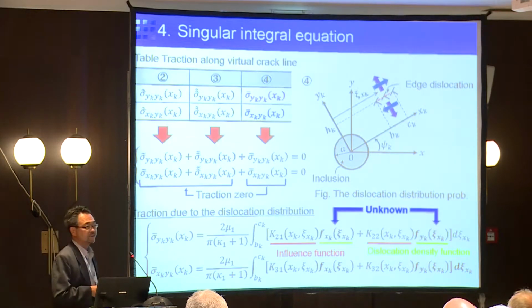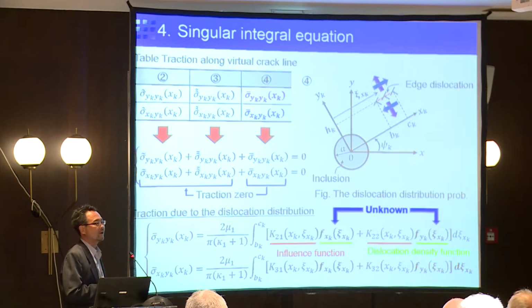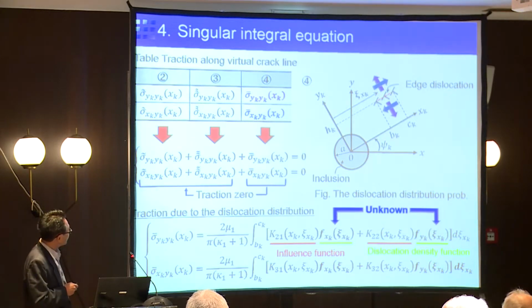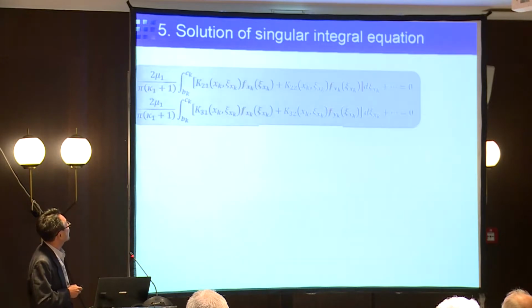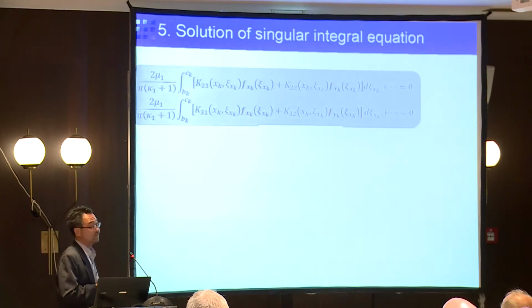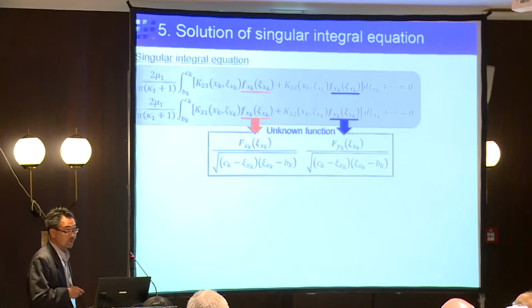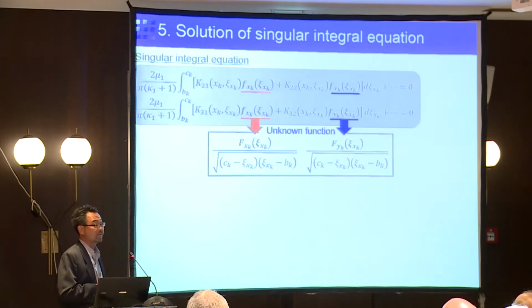We need to solve this equation under the boundary conditions. By formulating this equation, we have the coupled singular integral equations here. In this study, the terms fxk and fyk were converted to this equation, which shows the singularity at the tip of the crack.